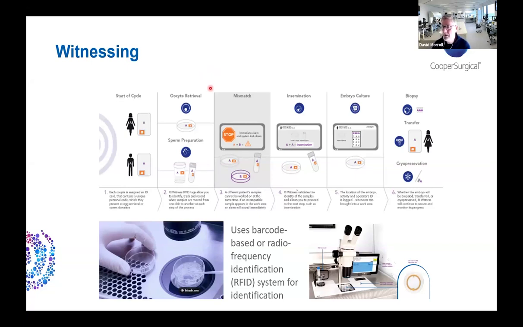So you can adopt different techniques, such as the electronic witnessing systems highlighted here that use barcode or radio frequency identification tags to ensure that chain of custody throughout. So again, a second obvious example of managing risk, making sure that we track patient samples through the lab.